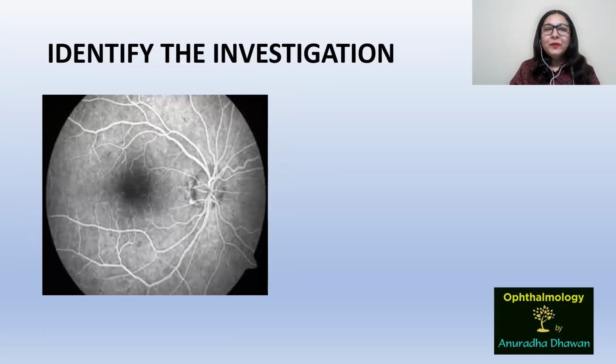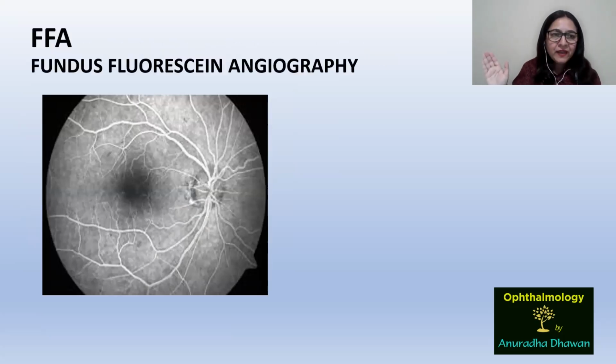Now, another popular question which has been coming in the past exams, identify the investigation. So friends, here we are seeing a picture. Okay, so we can notice this is a fundus-like picture. Okay, but it is black and white. And you notice here carefully, the retinal vessels are appearing white. Now, why are they appearing white? Because there is a fluorescent dye in these. So this image is of FFA or fundus fluorescein angiography.